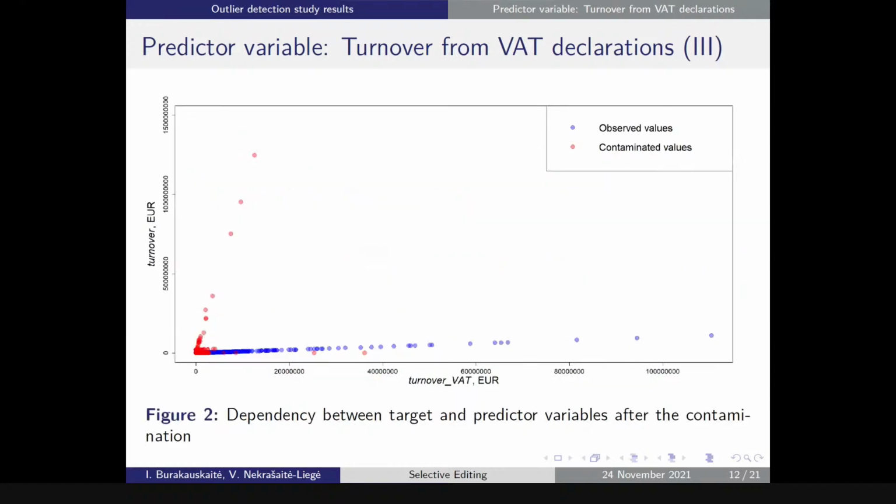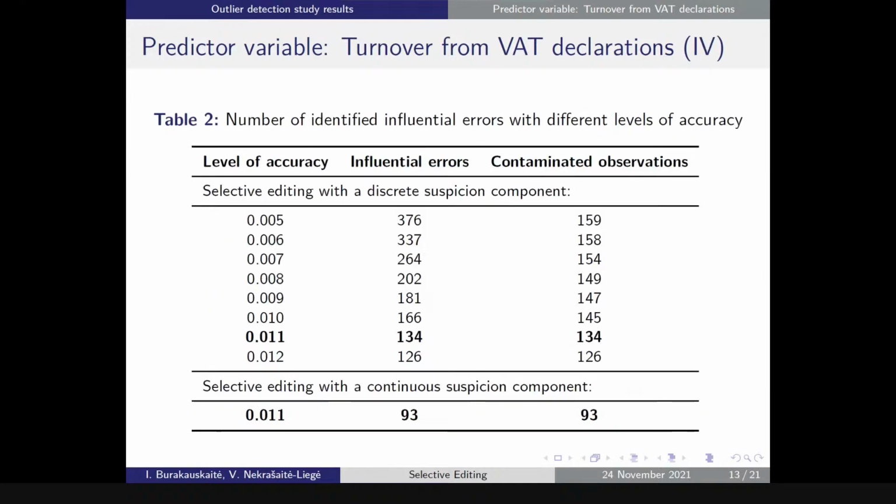This scatter plot shows the dependency between target and predictor variables after the contamination that I was talking about. Red dots represent contaminated values, while blue dots represent observed values that were not contaminated. Outlier detection was carried out using different levels of accuracy.